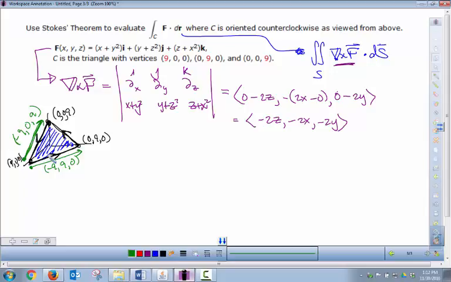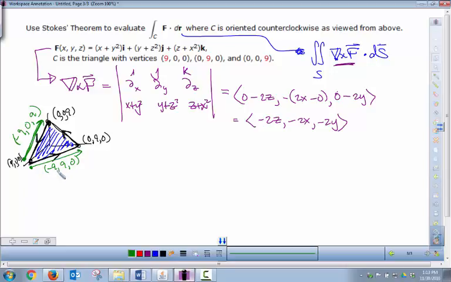If our normal vector was pointing the other way, it would be the second one crossed with the first one. So we're going to cross in this order.